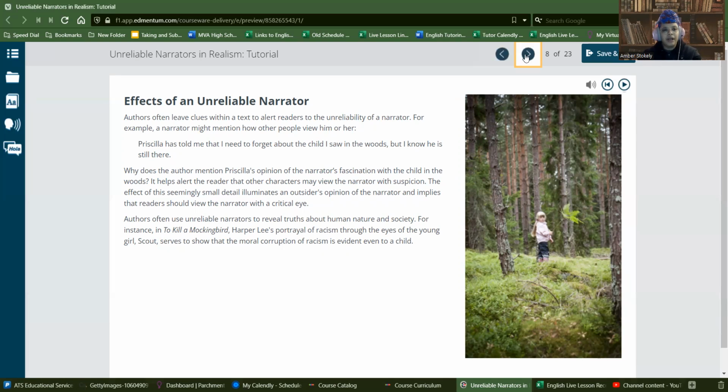So the reason why the author might mention Priscilla's opinion of the narrator's interest in the child in the woods is that it basically tells you she's seeing things, right? And that other people think that she's seeing things. So that's a hint that maybe this person isn't as trustworthy as they should be.